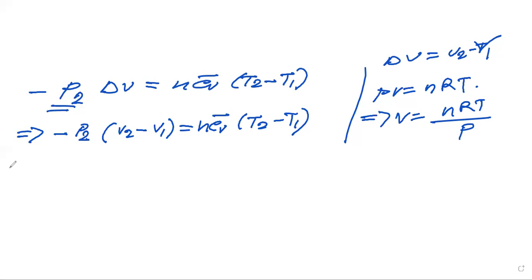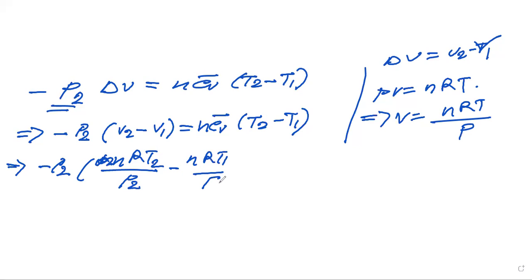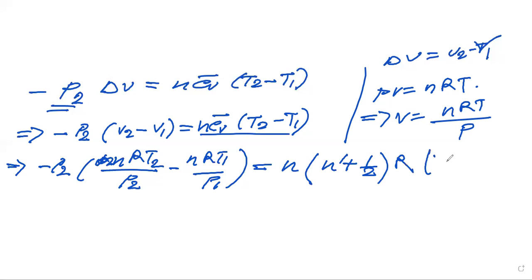So for V2 we can write nRT2 by P2, and for V1 we can write nRT1 by P1, and the right side can be written as n into (n dashed plus half) into R (T2 minus T1).